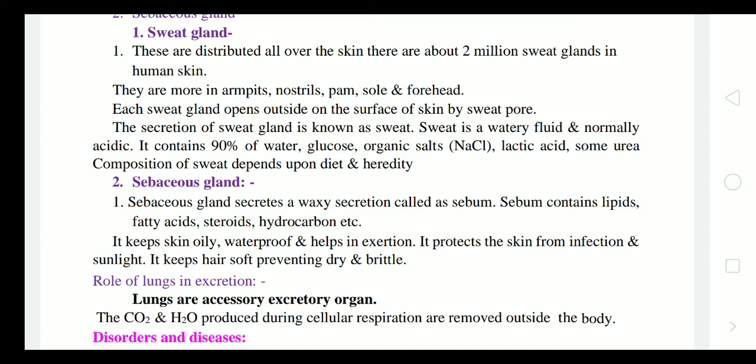The composition of sweat depends upon diet and heredity, because some people sweat much and some sweat less, but this is the basic composition of sweat.